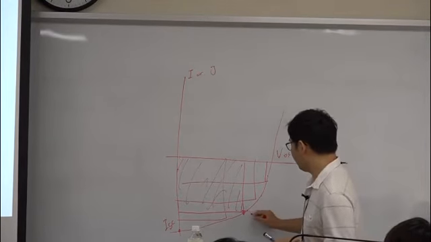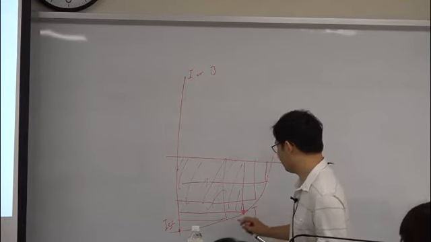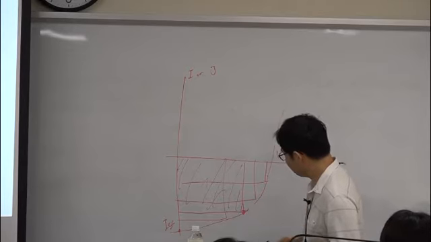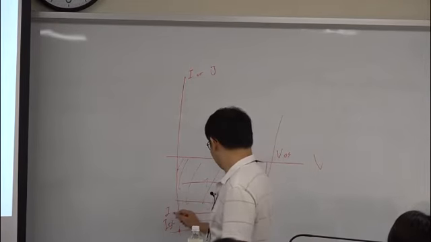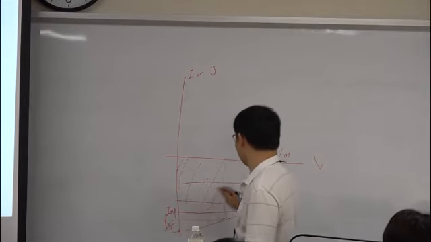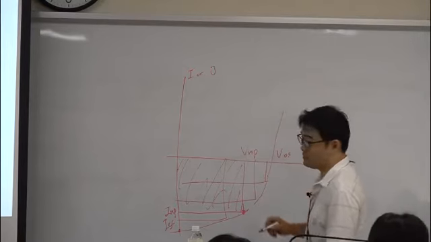So let's say this is the maximum point current, and this is the maximum point voltage.